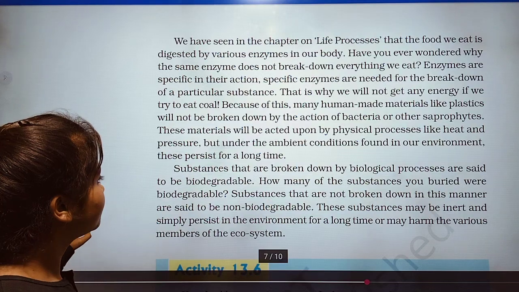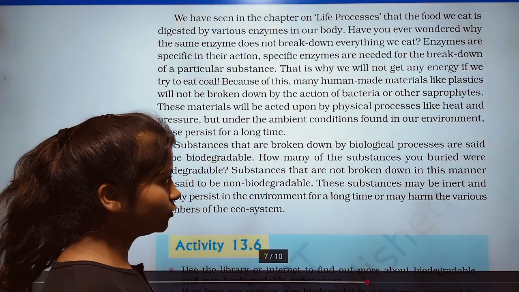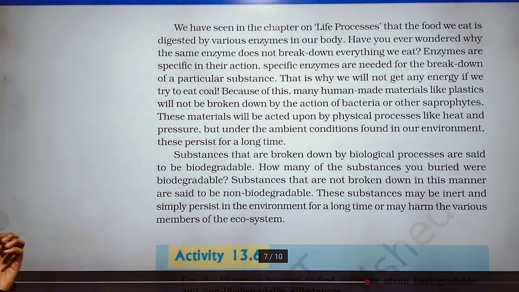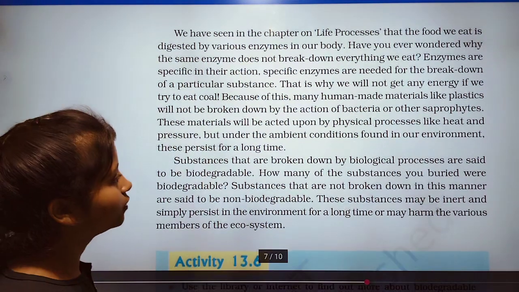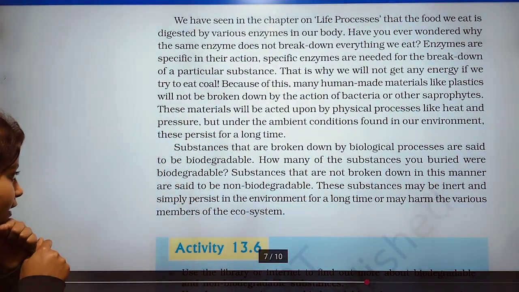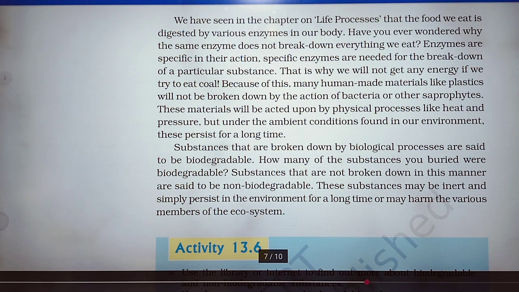Substances that are broken down by biological processes are said to be biodegradable. From the activity, how many of the substances you buried were biodegradable?